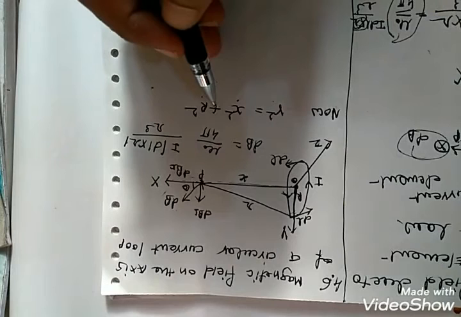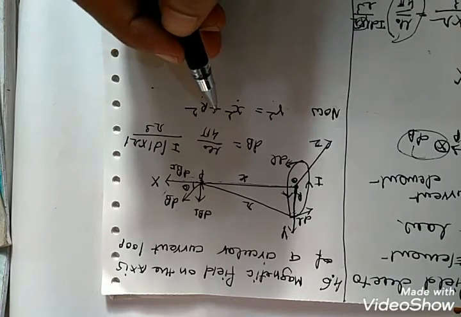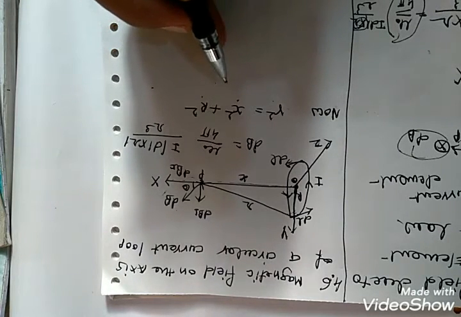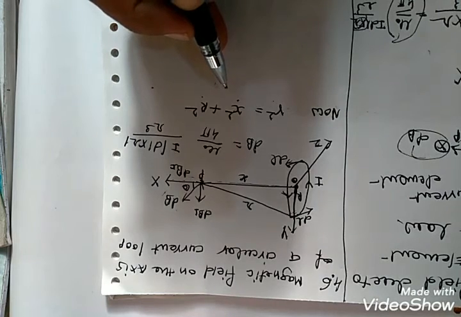Further, any element of the loop will be perpendicular to the displacement vector from the element to the axial point.